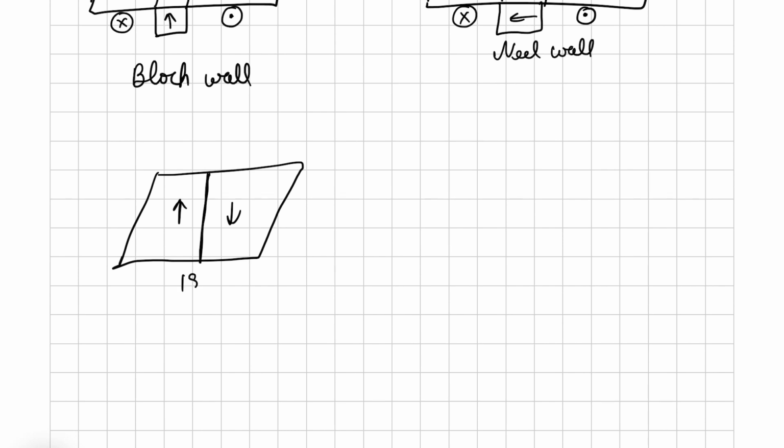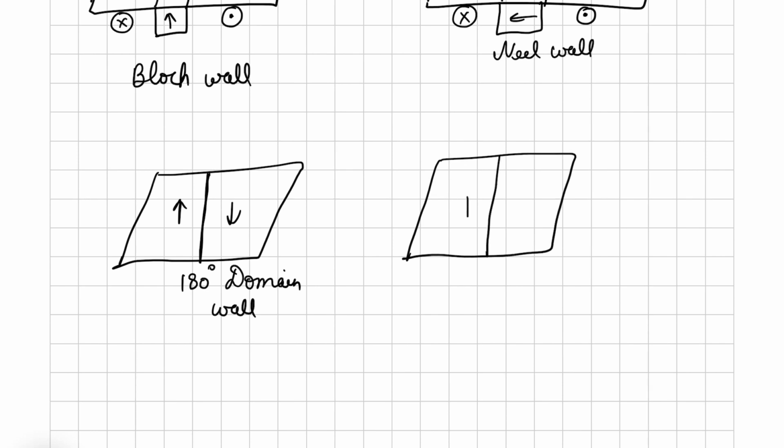So this is called the 180-degree domain wall. Similarly, we can have something like this way, this way. This is a 90-degree domain wall. So depending upon the relative angle between the different domains, that particular name will be given to the domain wall between them.